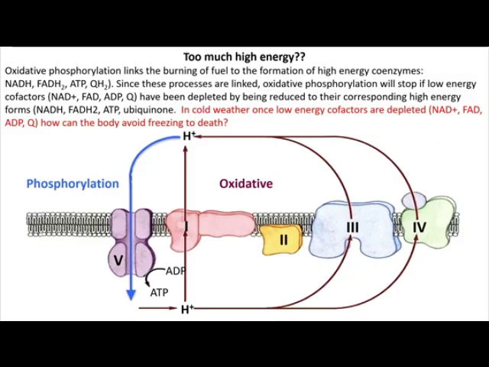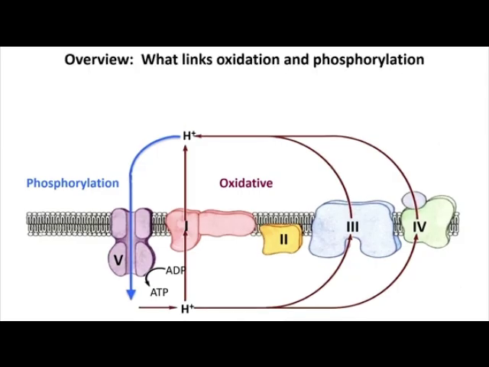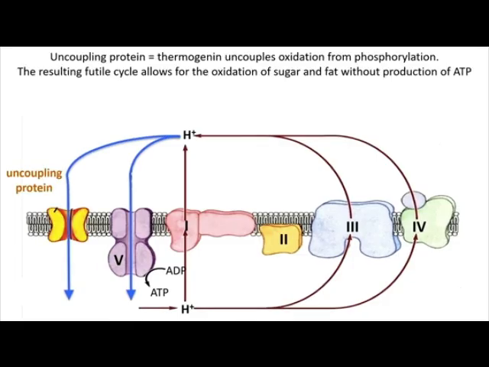Okay, so now how do we do that? Well, there's something called the uncoupling protein. And what it does is, look what it does. I've drawn a picture of the uncoupling protein. Can anyone tell me how the uncoupling protein is able to separate oxidation from phosphorylation, to uncouple those?